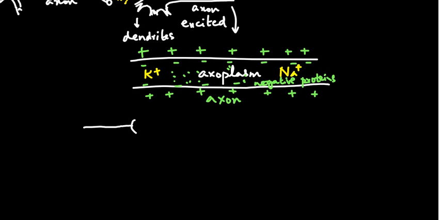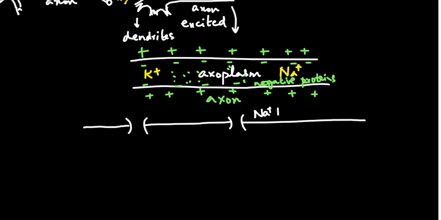This is because of the presence of sodium potassium pumps on the axonal membrane. Actually, they are ATPase enzymes.